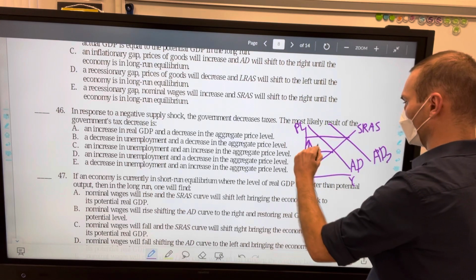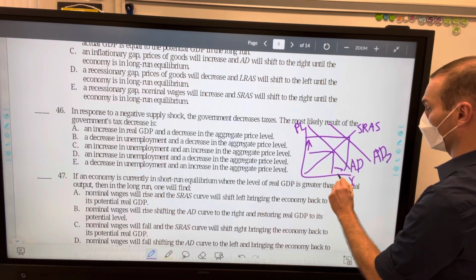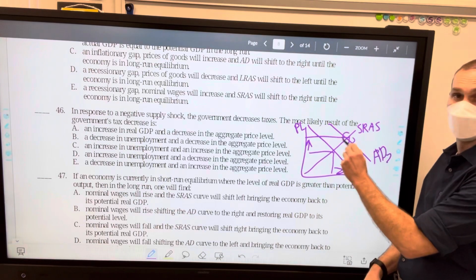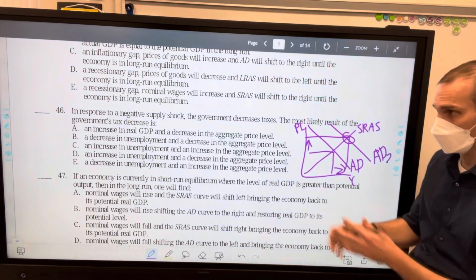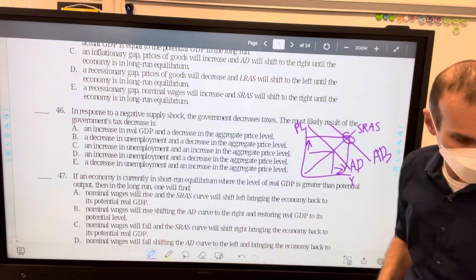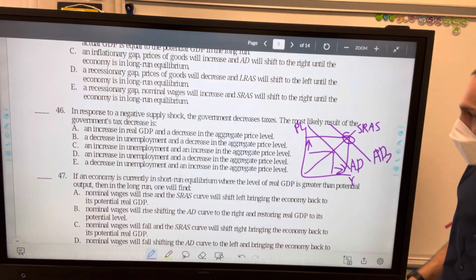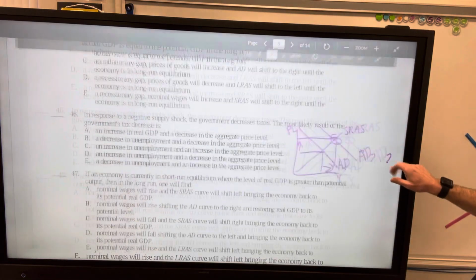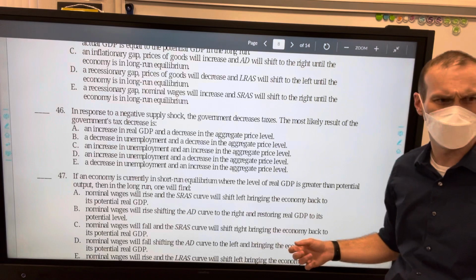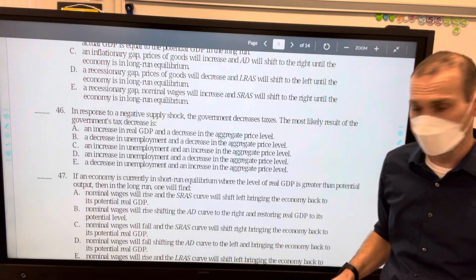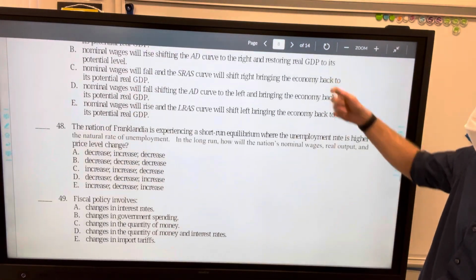It increased, and what happened to output? It's going to increase as well. So that's what's going to occur. That's this question essentially. All right, as we move on, we're going to have 48. By the way, any questions about those? All right, so number 48.